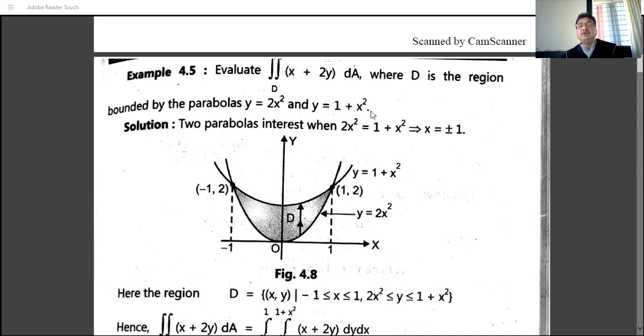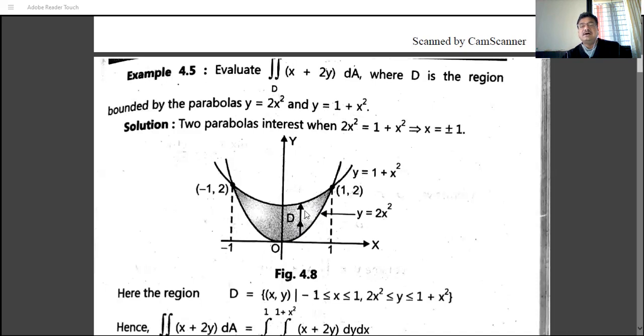This figure is important for the solution of this problem. So first draw the figure. In order to draw the figure, we have to draw these parabolas. So these curves, y is equal to 1 plus x square, or x square plus 1.